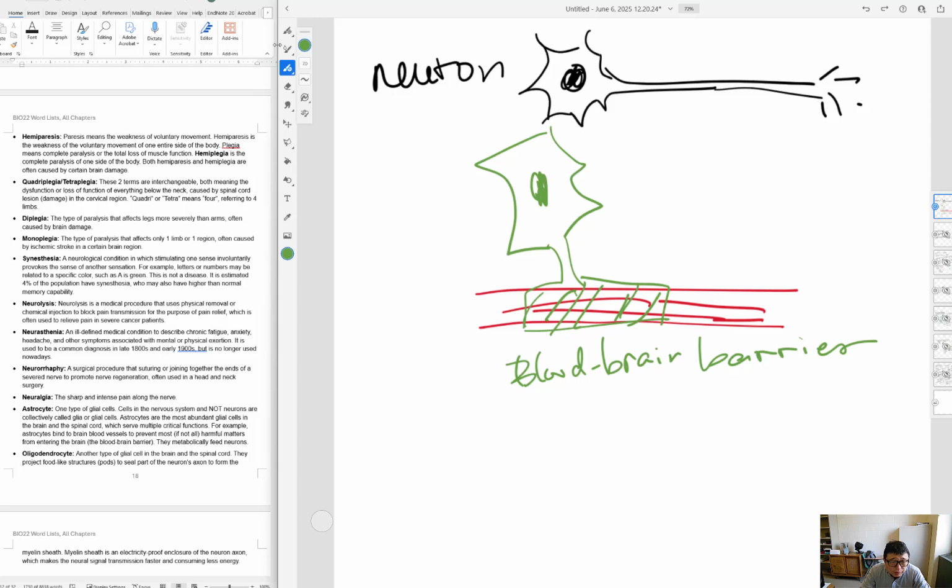One of the major functions of the astrocytes is forming this blood-brain barrier.